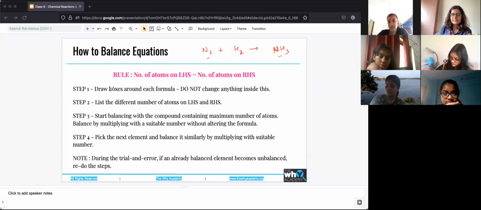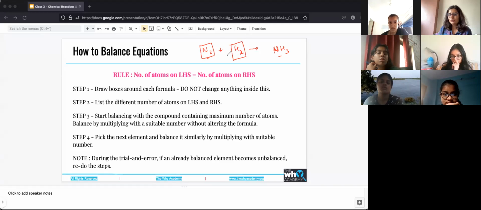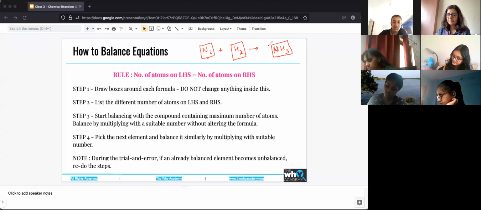Step 1, this is again more of a cosmetic thing until you get used to it. Draw boxes around each formula. The point is, if I have N2, you will not change this to N24 or N2, N3 or anything like that. The formulas will not change. If I have NH3, this will remain NH3.